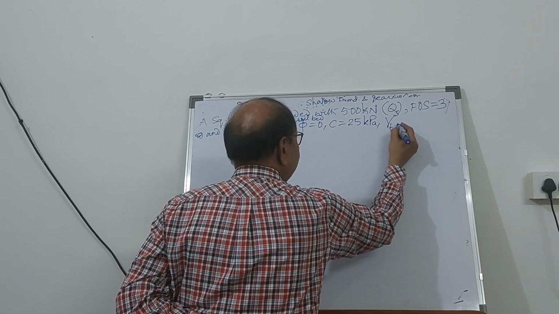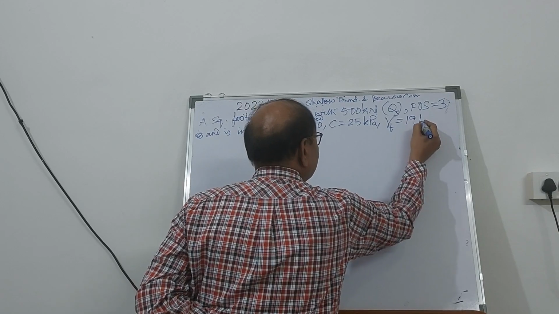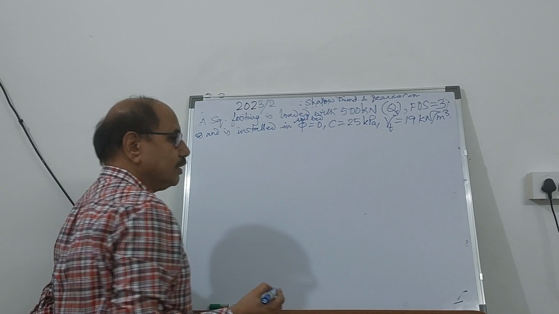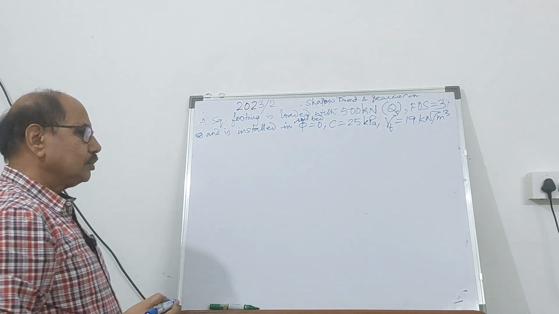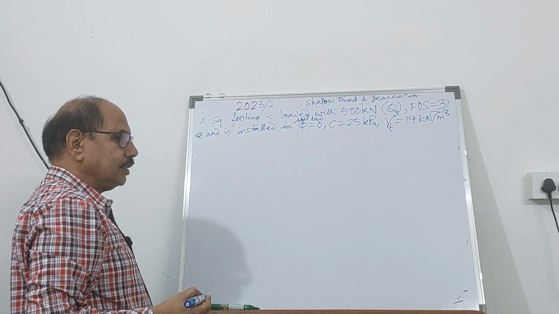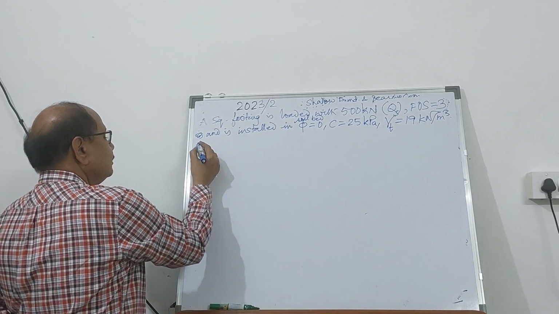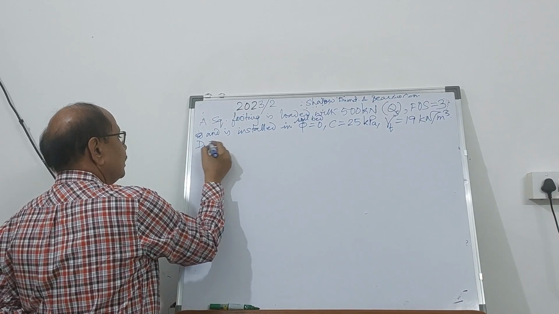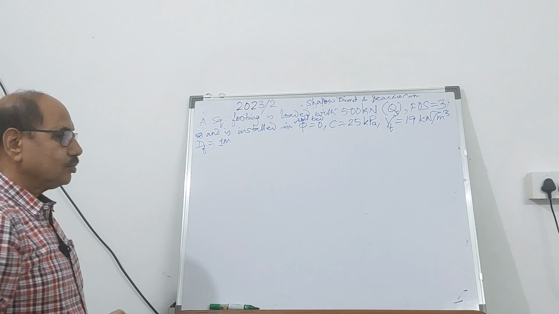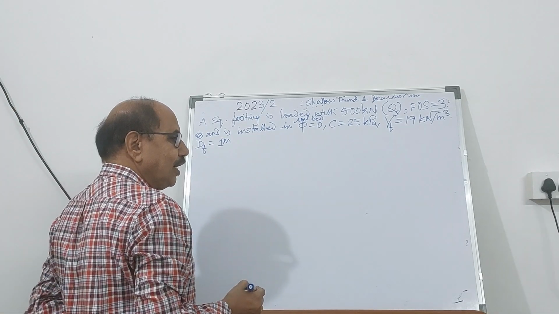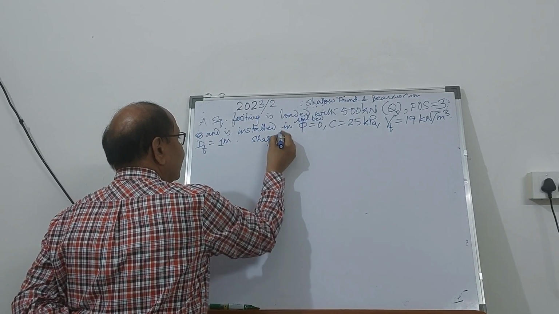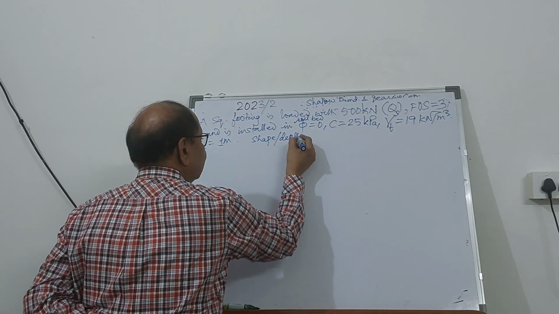The total unit weight is given as 19 kilonewton per cubic meter in this problem. So gamma t is also given to you, and the depth of footing Df is given to you as 1 meter.